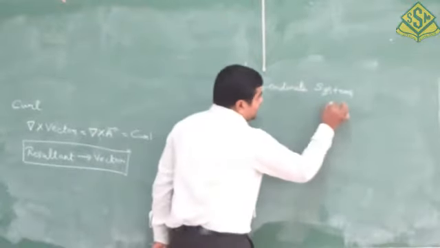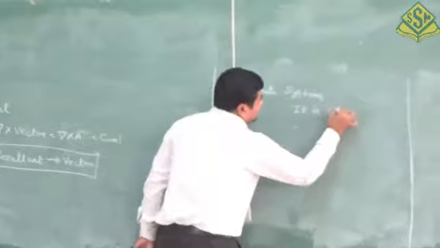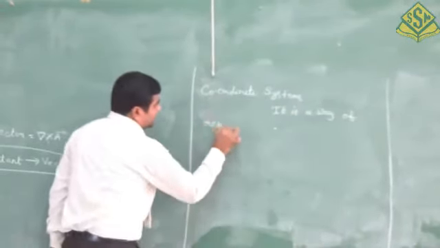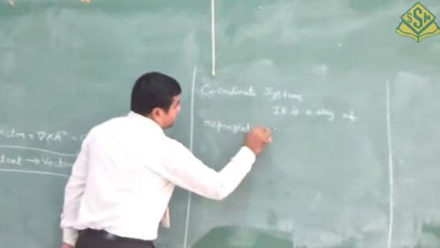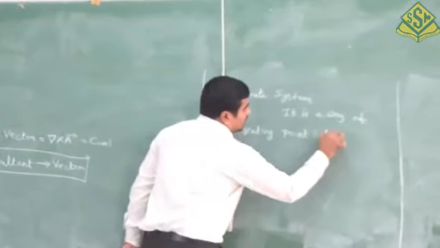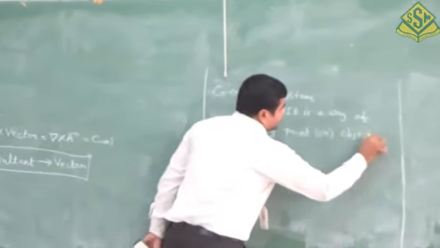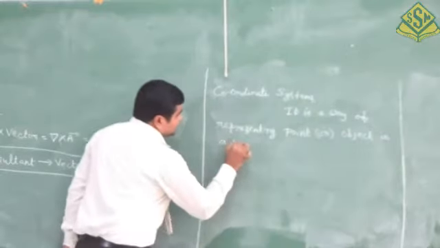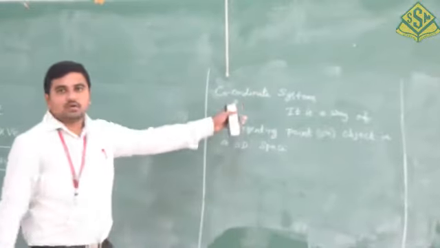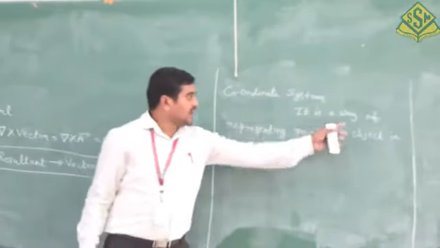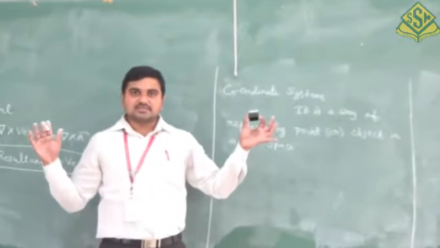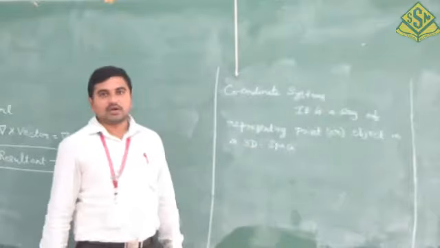It is a way of representing a point or object in 3D space. I am going to represent this object in this three-dimensional space.